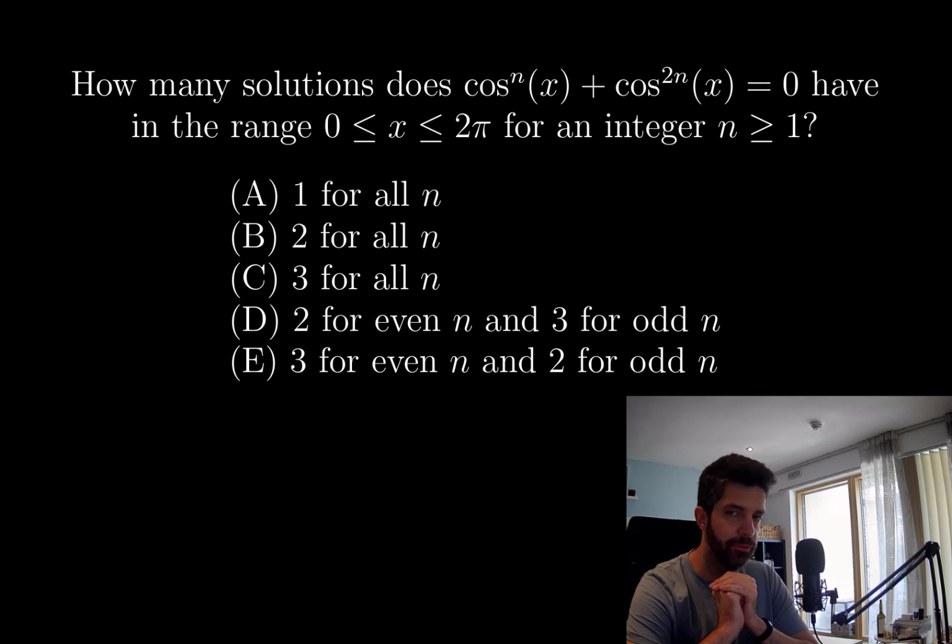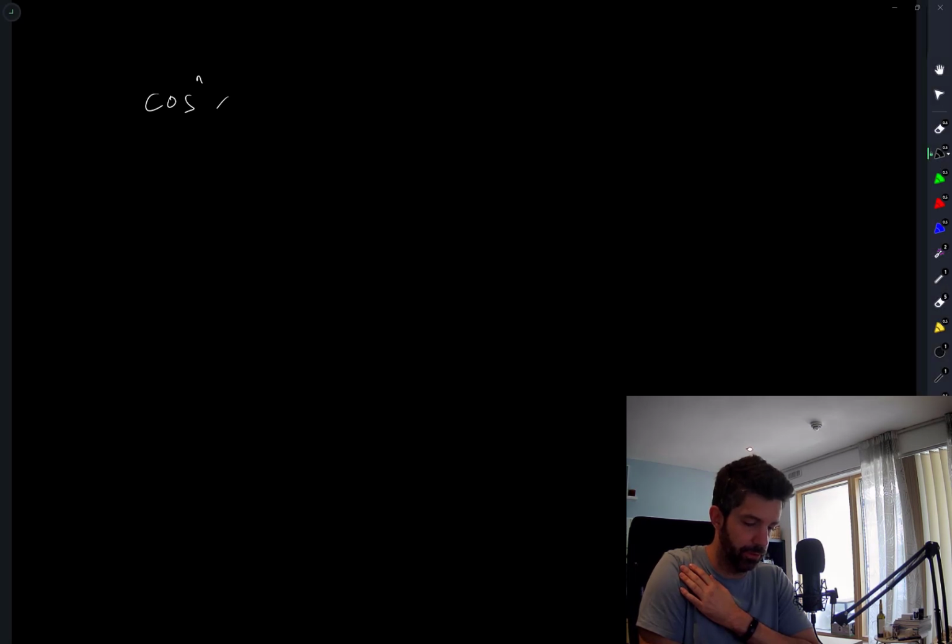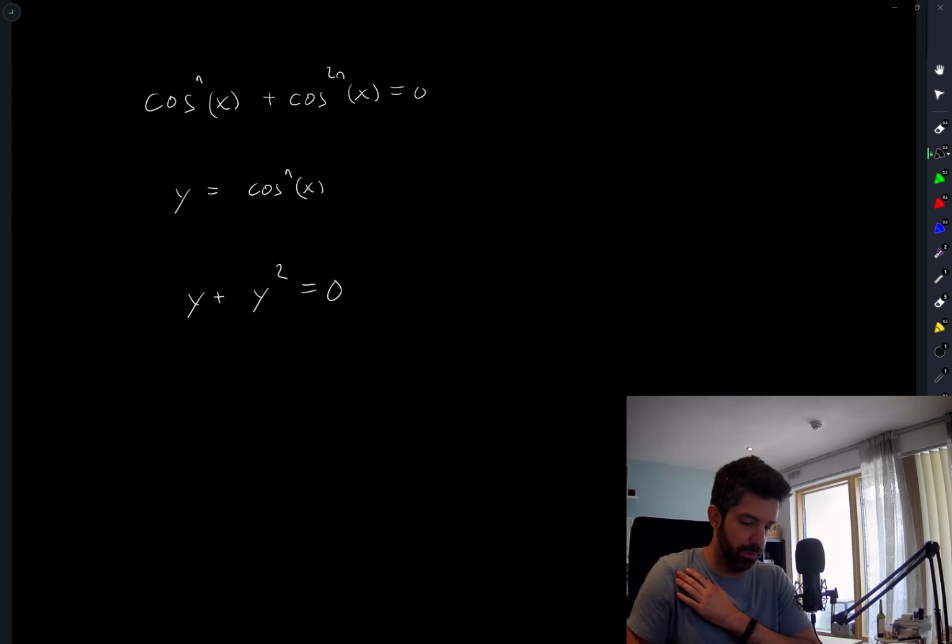First thing that comes to mind is to treat this like a quadratic equation and solve for cos^n of x. So if I write this as cos^n x + cos^2n x = 0, let y be equal to cosine to the n of x. Then I have y + y² = 0.